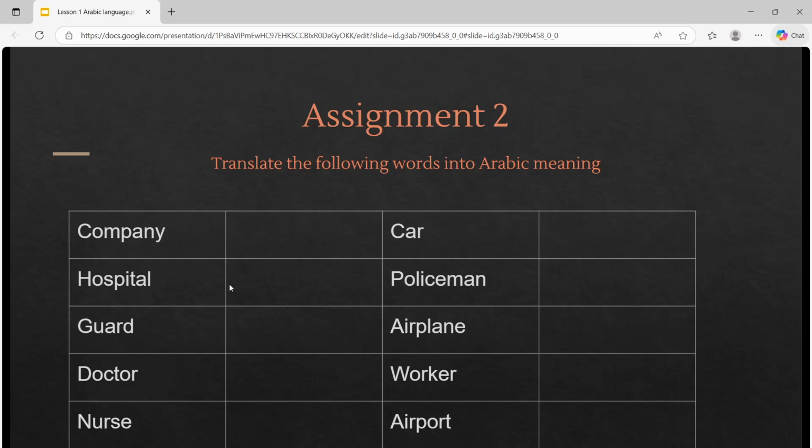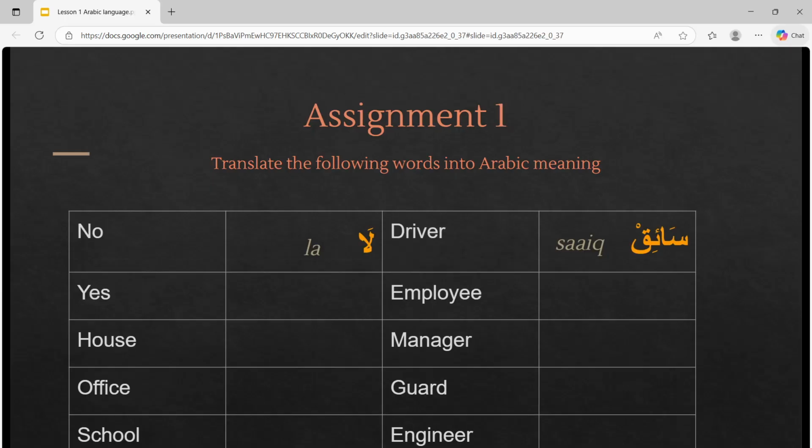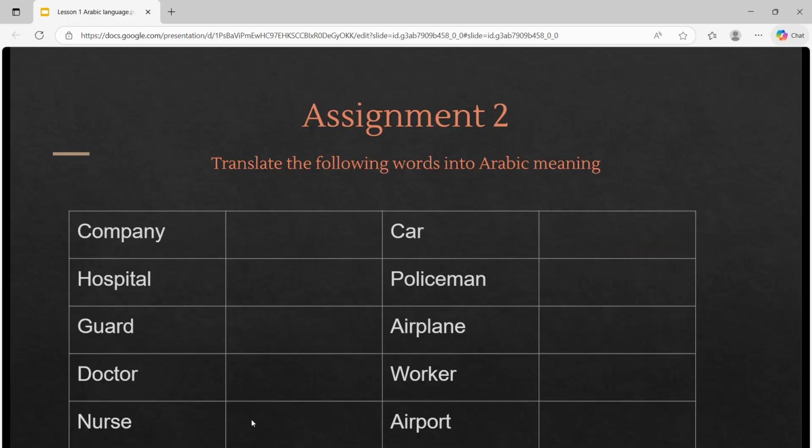This is again the same vocabulary that we've just been learning. This is again to drill those vocabulary into your head so that you can internalize them and we can build up on those vocabulary. Okay? All right, so that concludes our first lesson.